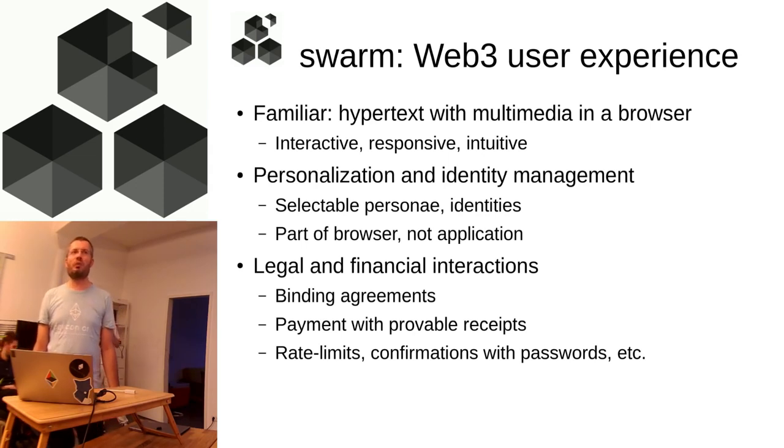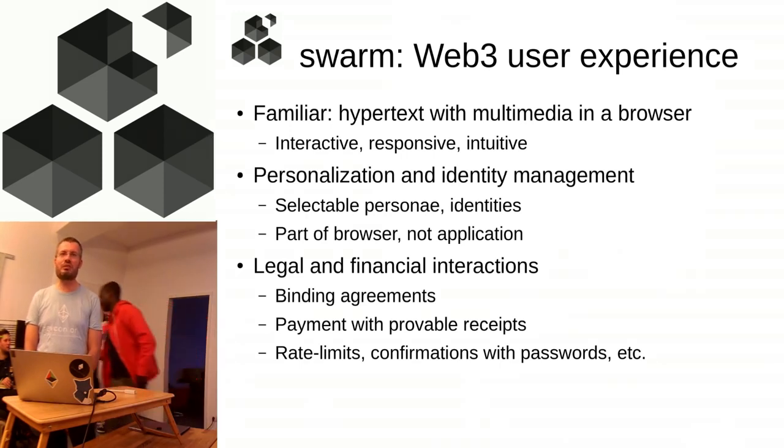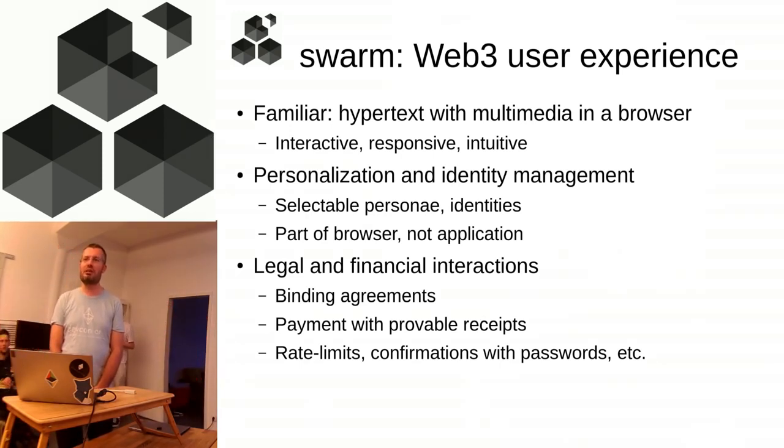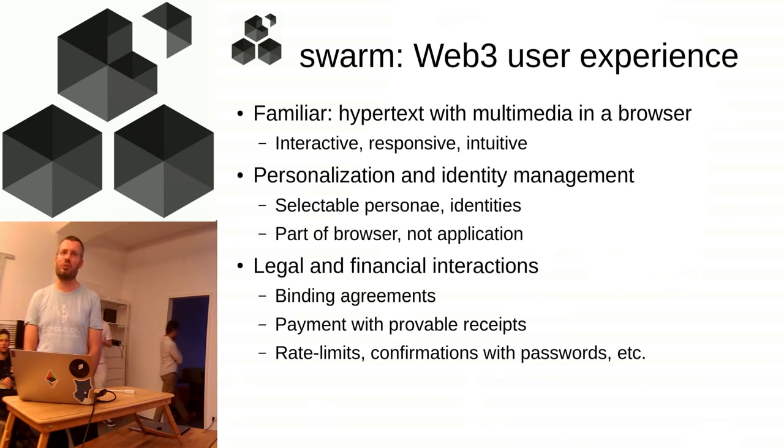However, because we are having distributed applications on a blockchain-controlled system, some things will necessarily be different. One of them is identity management and personalization. So this will not be part of applications. Application developers will not need to worry about these things each time they write a new application. It will be part of the infrastructure.